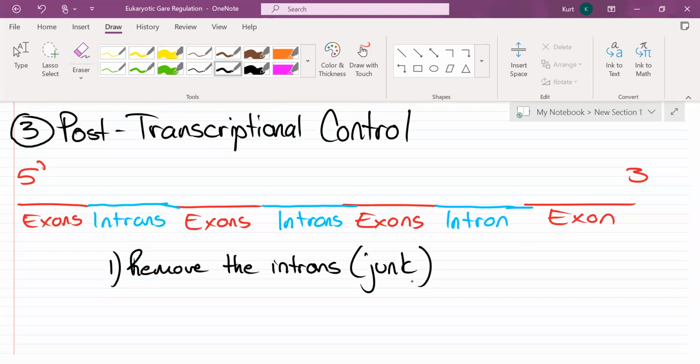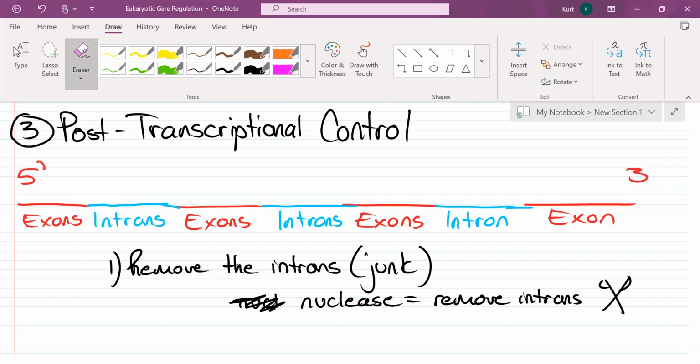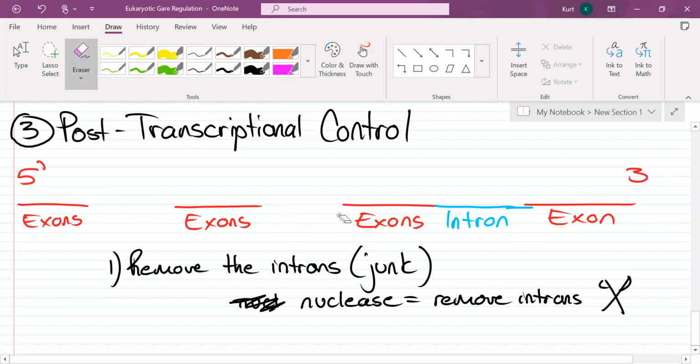We have an enzyme called a nuclease. Nuclease is basically going to remove the introns. It's practically a pair of scissors. And so here we go. You ready? Gone, gone, gone.